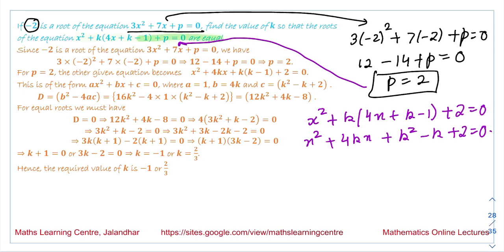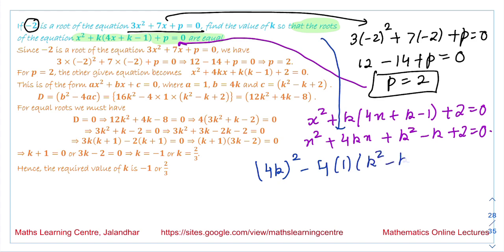Now it is given that this equation has equal roots. It means its discriminant, that is b square minus 4ac, should be equal to 0.